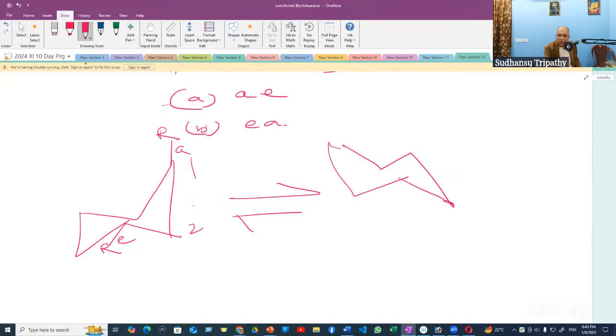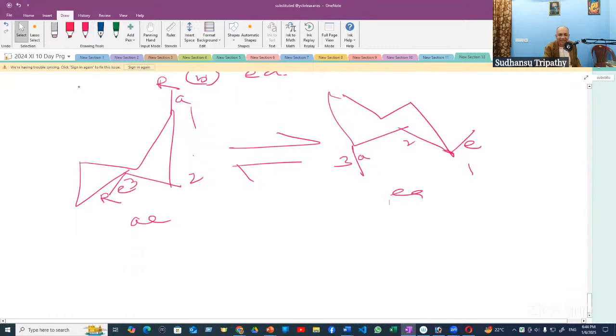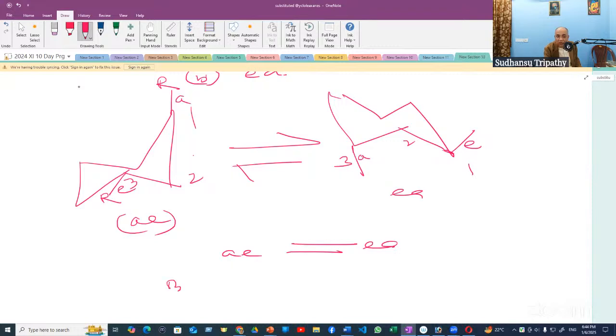And 1, 2, 3 in the same sequence. So here this will be equatorial and this will be axial. This is AE, this is EA. Here, AE is equal to EA. Both rotamers are identical.